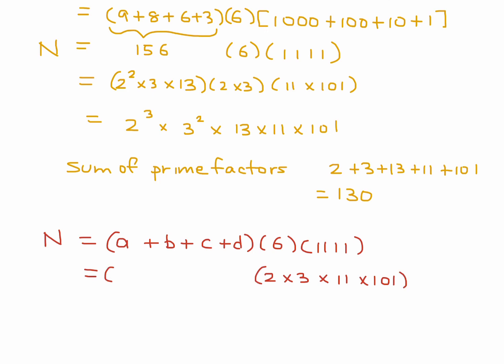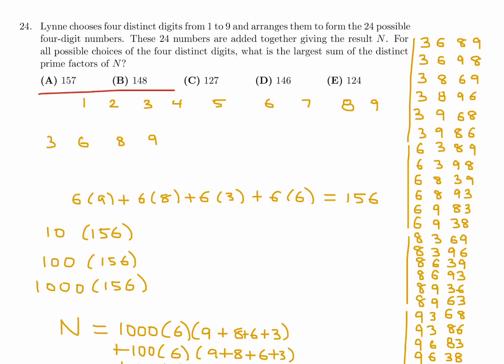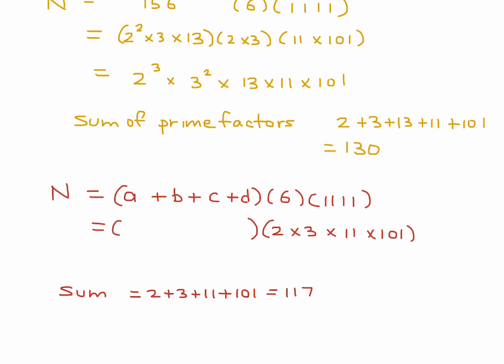And then I've got to choose A, B, C, D in a way so that this number gets high as possible. Well, so far, what is the sum of my prime factors? So far, the sum is 2 plus 3 plus 11 plus 101, right? Just these guys. And that is 112 plus 5, which is 117. Okay, let's go back to our answer choices. They should all be greater than 117, and they are. Okay, so let's see if I can make this as big as possible.